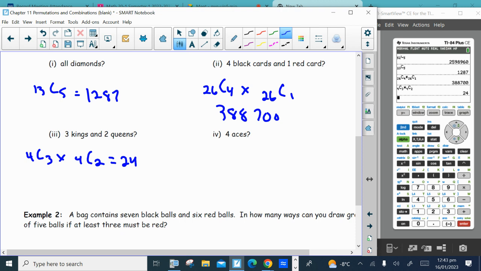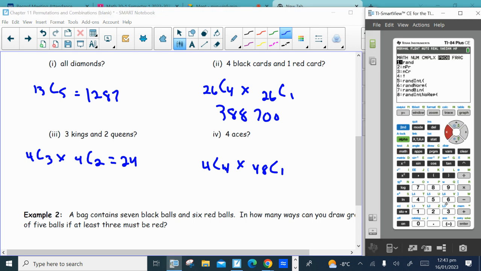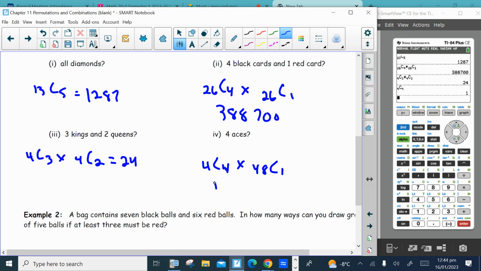The last one, what about how many hands are possible with 4 aces? So that means you're going to choose all 4 aces, 4C4, but then you got to get one more card. And that card has to come from the 48 cards that are not an ace. So that would be 48C1. 4C4 is actually 1.